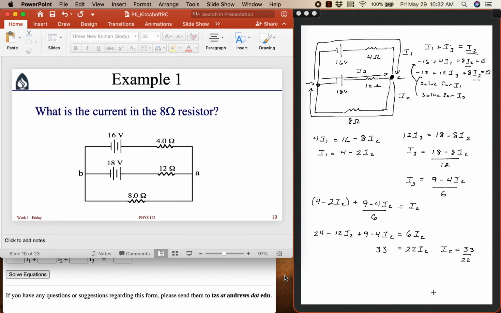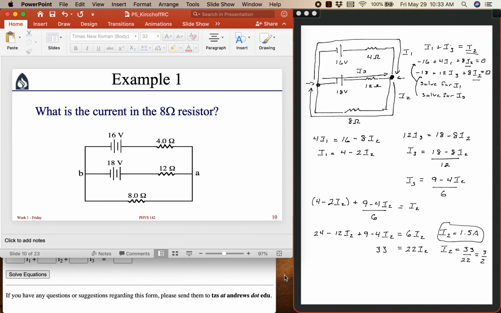I can divide the numerator and the denominator by 11, so that's the same thing as 3/2 of an amp. So I2 is equal to 1.5 amps. So I should have 1.5 amps for I2, and lo and behold, that was the current that I was looking for. So that is the answer to this problem.